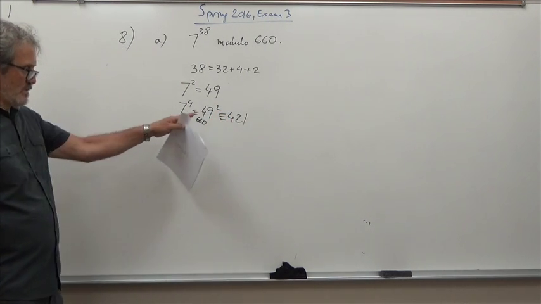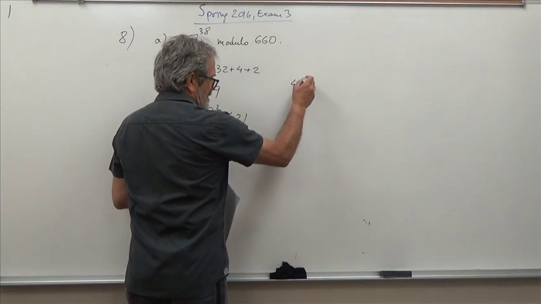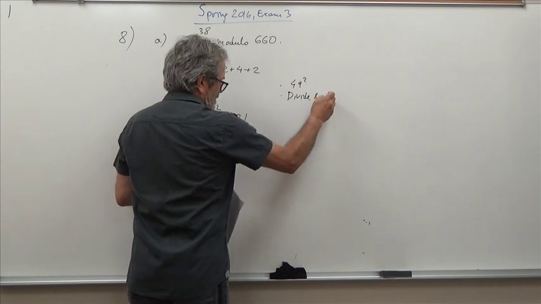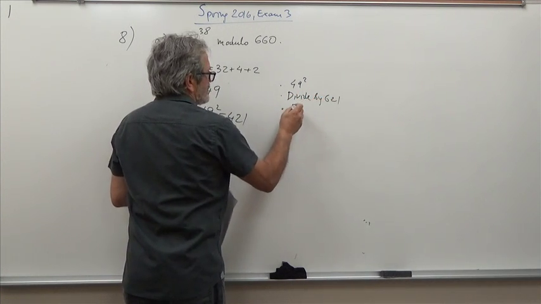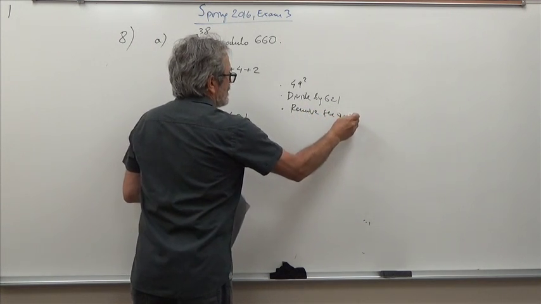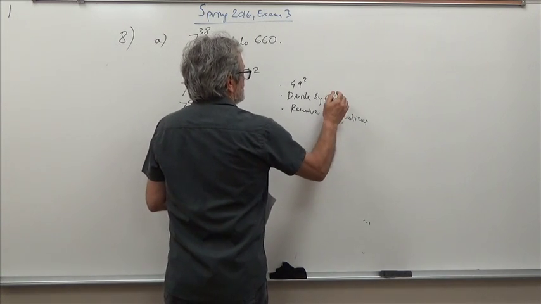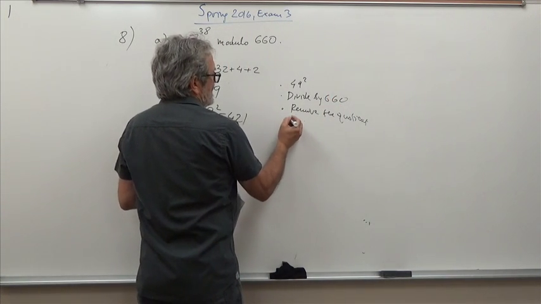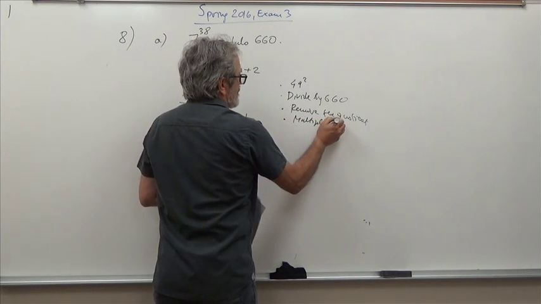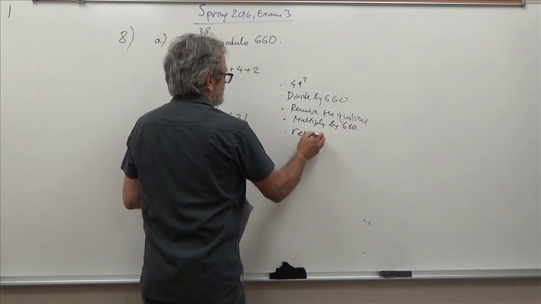You remember how we get that? We take 49 squared, divide by 660, then remove the quotient, and then that little decimal multiplied by 660, and you get the remainder. That's it.